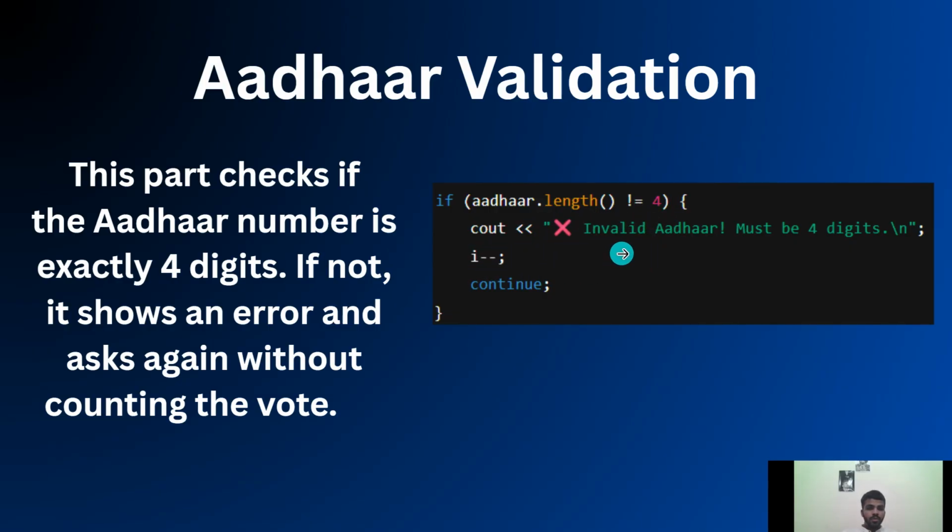If you enter a three-digit Aadhaar ID, the program shows: Invalid Aadhaar, must be 4 digits, and continues to ask for the Aadhaar number again. I will show how it comes when I run the code.